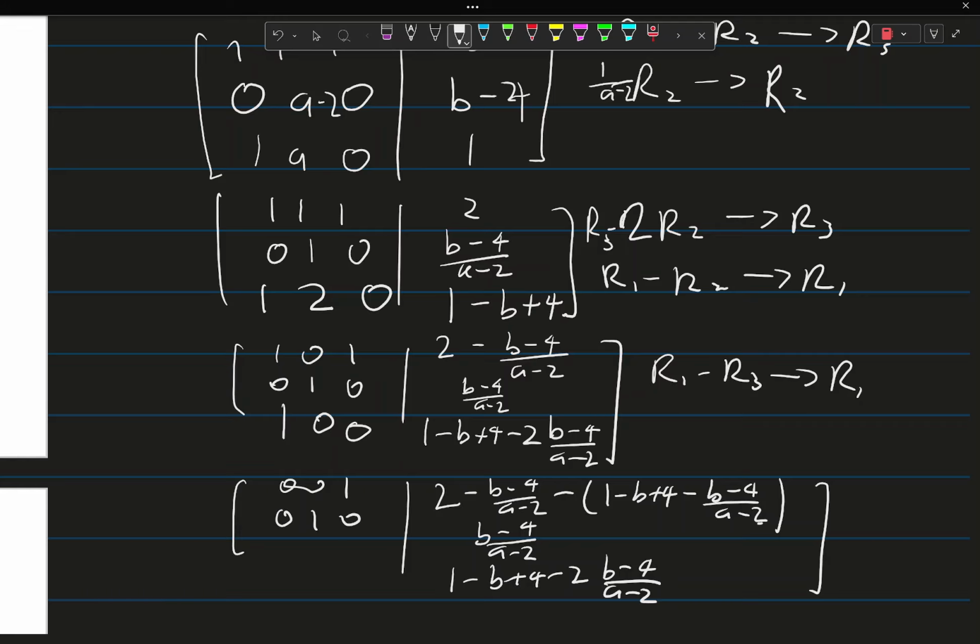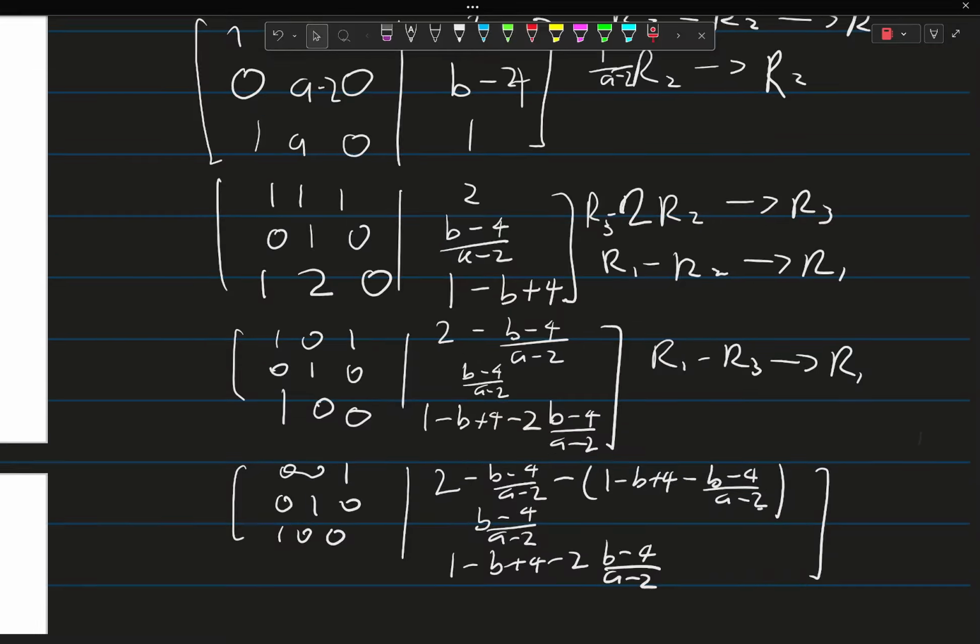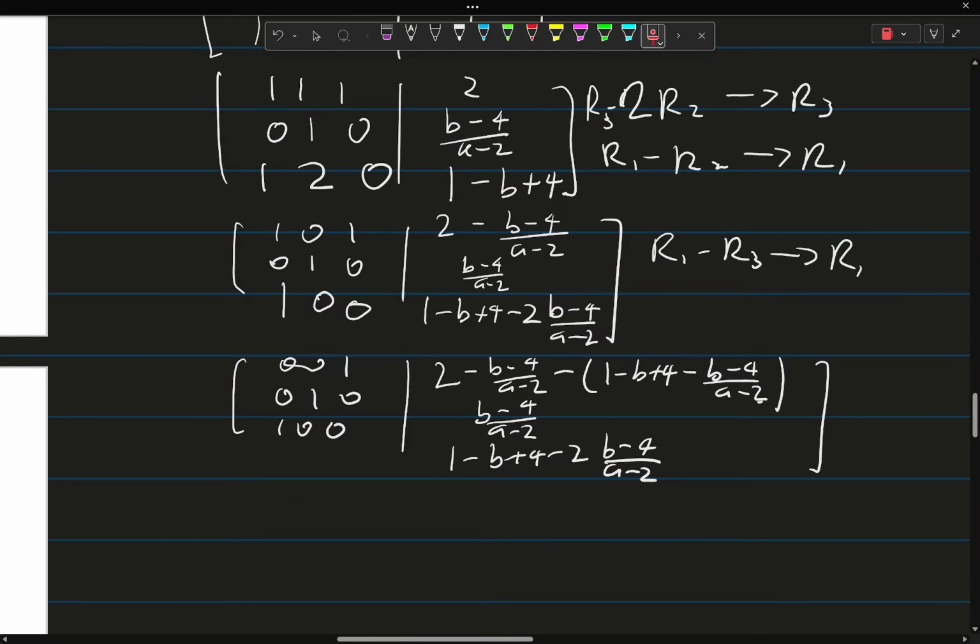Okay, we have 0, 1, 0, 1, 0, 0. We have row echelon form. It's not like that part with zeros, but if we just reorder it, then we will have it, and I'm just going to leave it in here and simplify.